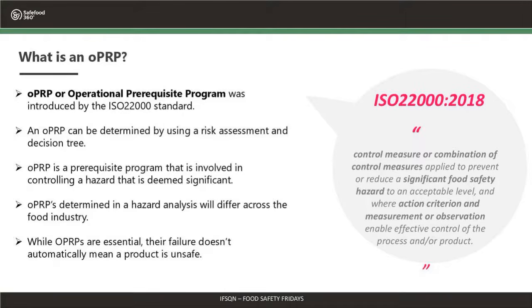An OPRP is a control measure or combination of control measures applied to prevent or reduce a significant food safety hazard to an acceptable level, and where action, criterion, and measurement or observation enable effective control of the process and/or product.